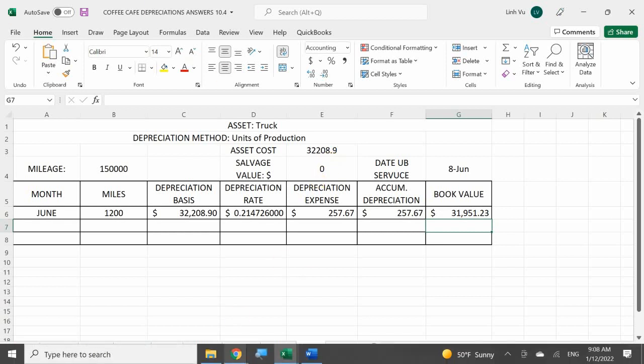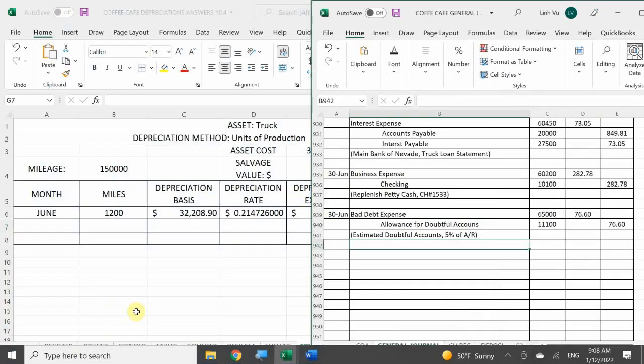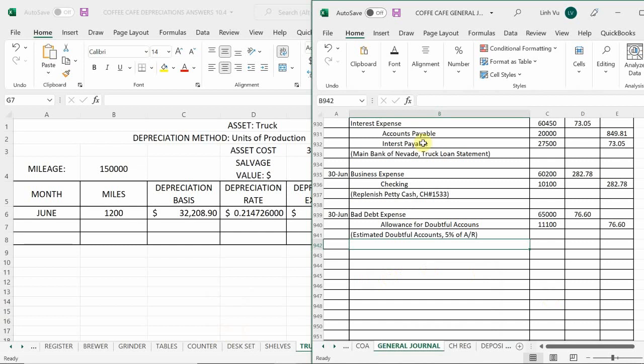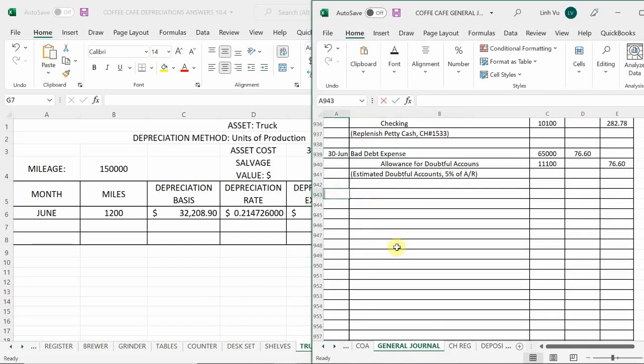Now, in my journal, I'm going to have you fill it out this way. I want you to start making a list. What account would I be putting? How do I journalize this transaction? Would it be truck and accumulated depreciation truck? Okay.